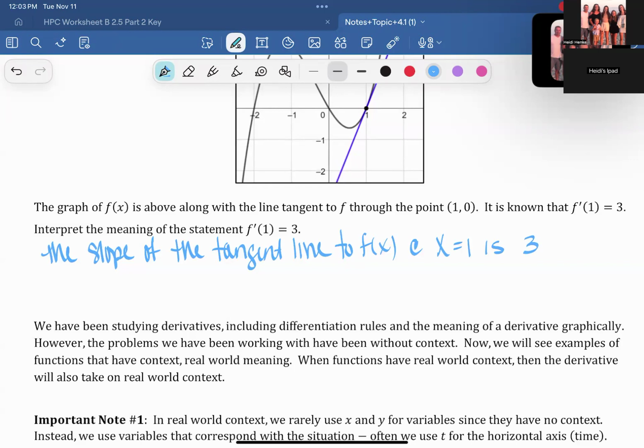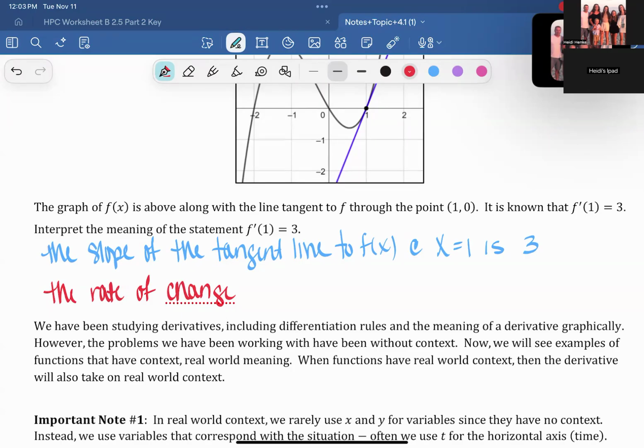That's not incorrect. But what we can also say that has a little bit more real world context, which is kind of what we're going to be working with today, is we could also say that the rate of change, because we know rate of change, derivative, slope, they all mean the same thing.